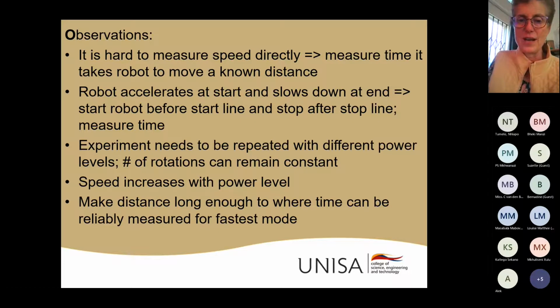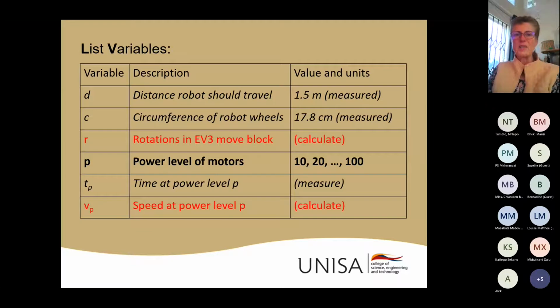Again, we do the calculation: we've got a distance and a circumference. Then we run the robot at different power levels: 10% power, 20% power, and the team's favorite, 100% power, and see how quickly we can do it. Then we've got it listed.